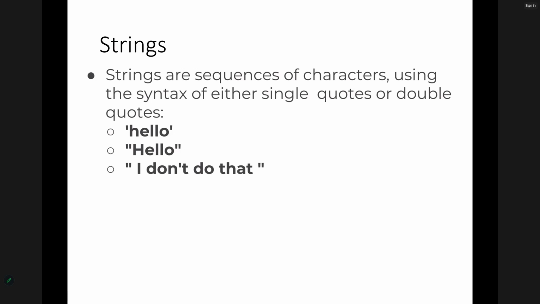We discussed numbers. We discussed several ways of assigning variables, and then we have to discuss strings, the next data type and data structure. Maybe I have mentioned this one earlier, but let's refresh a little bit and move forward.